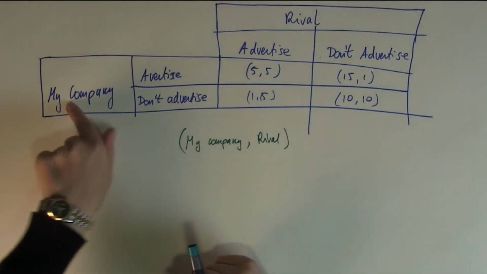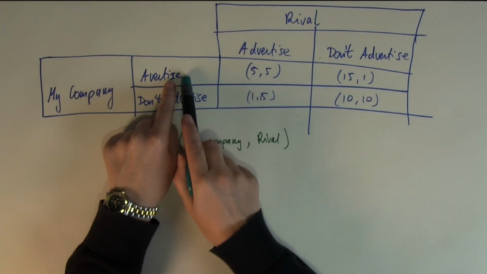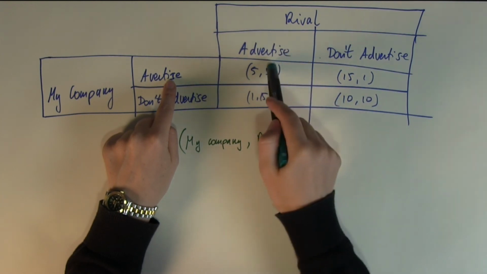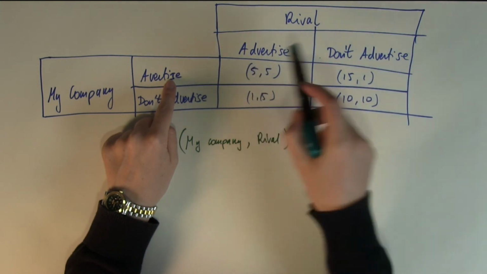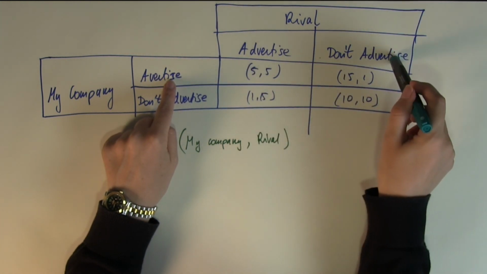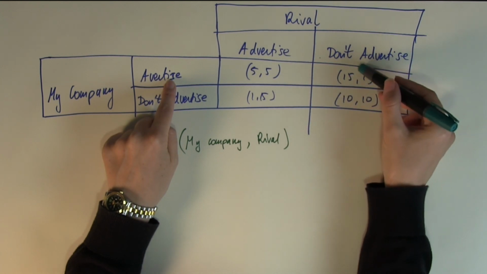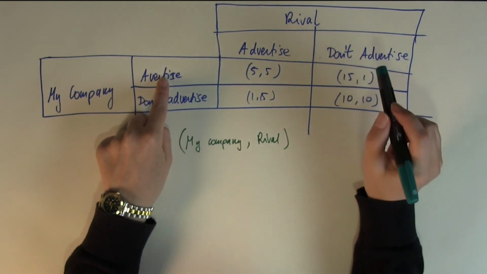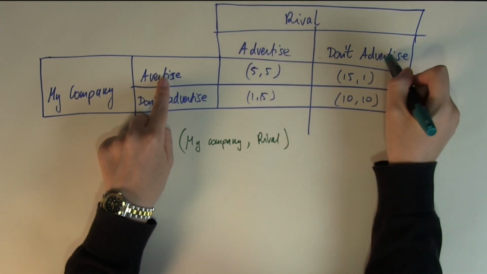So what are the two possibilities ahead of me? Okay, I can advertise. If I advertise and my rival also chooses to advertise, we both earn 5 million. But if my rival chooses not to advertise, I will earn 15 million and they will only earn 1 million. Now, if I decide to advertise, the best scenario for me would be if my rival chose not to advertise.